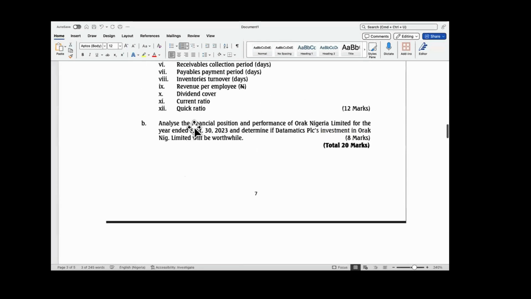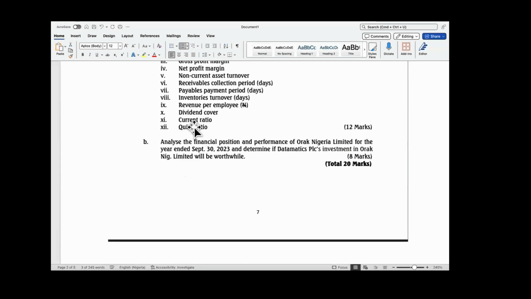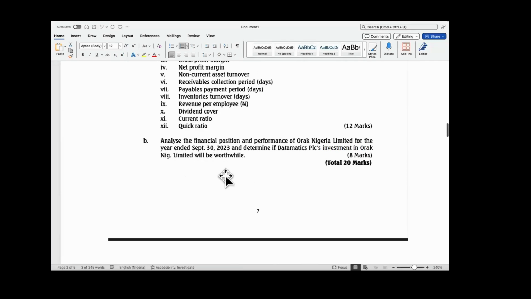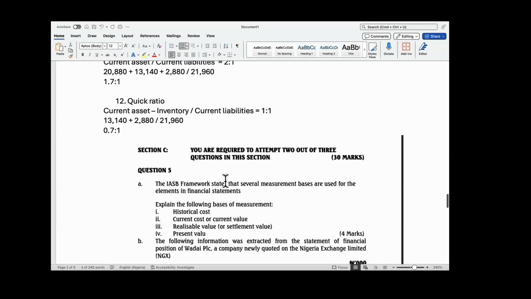Okay, that's 12 marks. Now, the B part says we should analyze the position and performance of ORAC Nigeria Limited for the year ended September 2023 and determine if the investments in ORAC will be worthwhile. So let me show you how to analyze this.